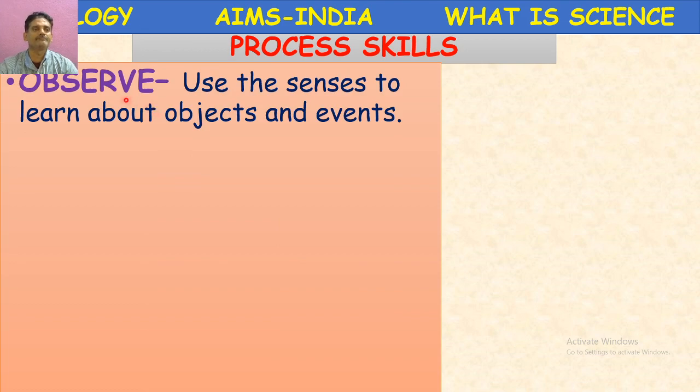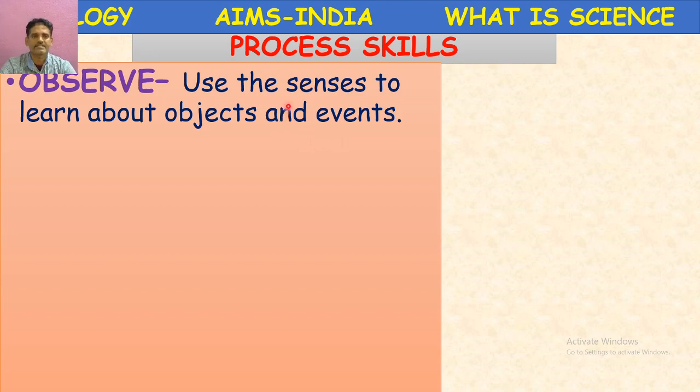The first one, observe. Use the senses to learn about objects and events. So you have to use the senses, meaning sense organs. Either you have to see it, smell it, touch it, or feel it.